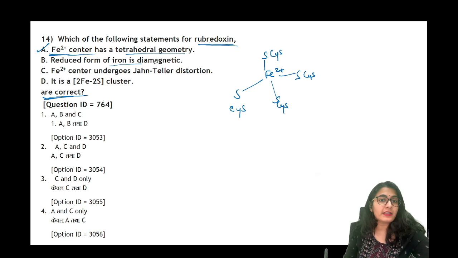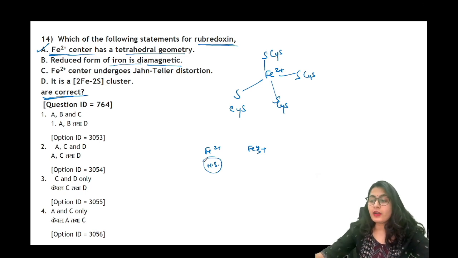Reduced form of iron is diamagnetic. Reduced form of iron is Fe2 plus and the oxidized form is Fe3 plus. So this is going to be Fe2 plus high spin. और हाई स्पिन Fe2 प्लस में क्या कोई अनपेयर्ड इलेक्ट्रॉन नहीं होते हैं? Definitely होते हैं. There are going to be 4 unpaired electrons. So this is wrong.